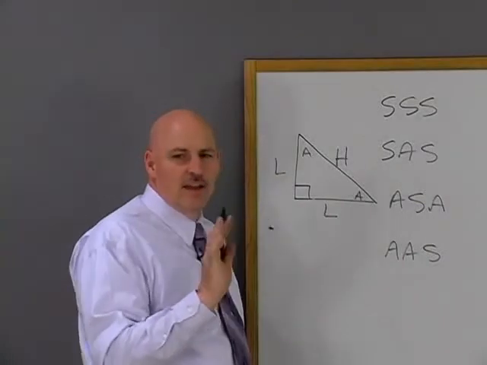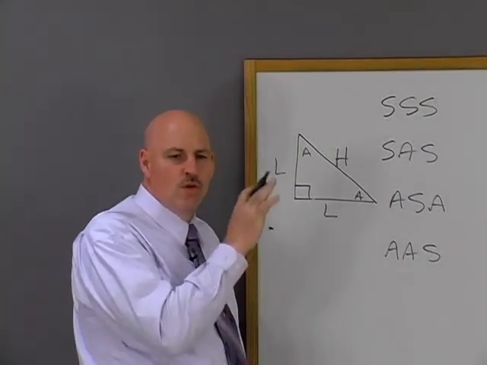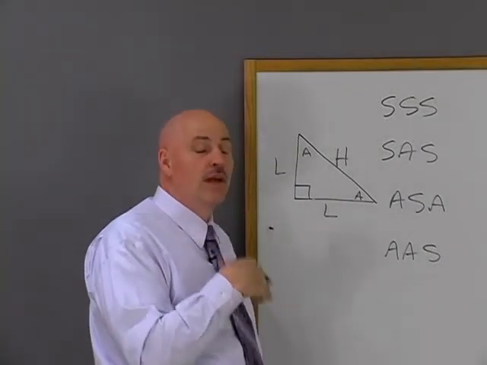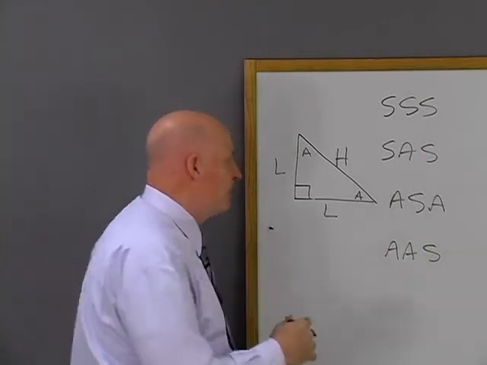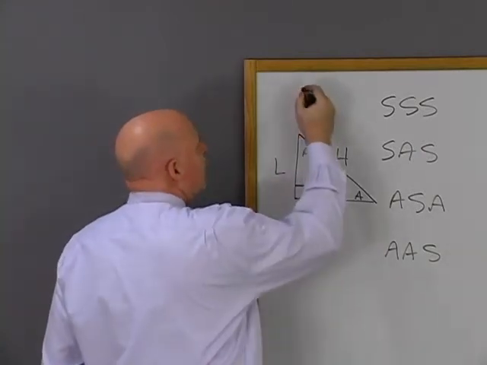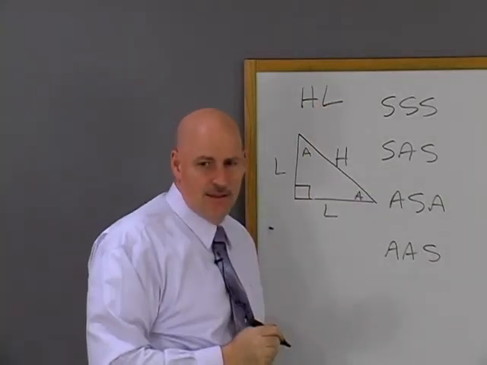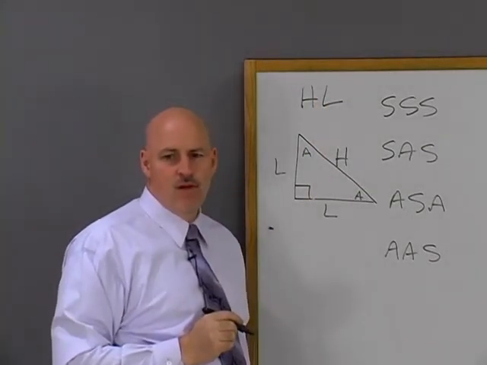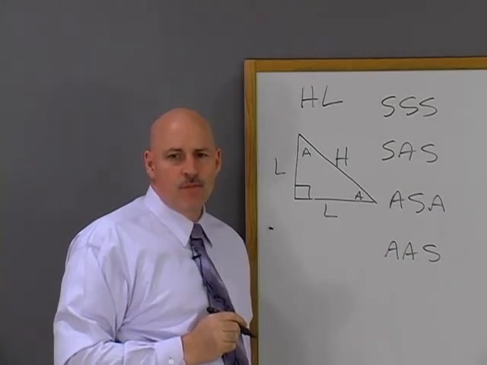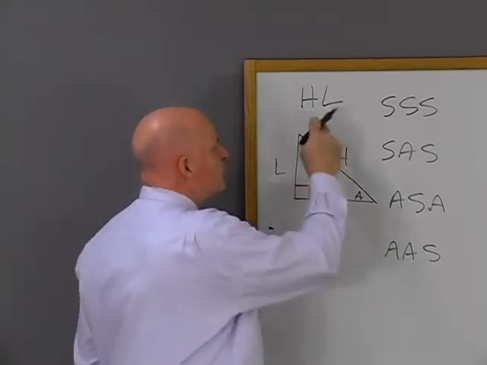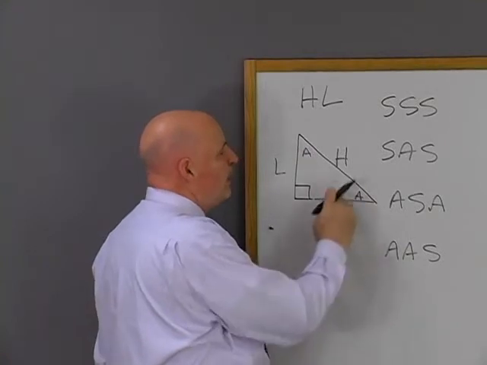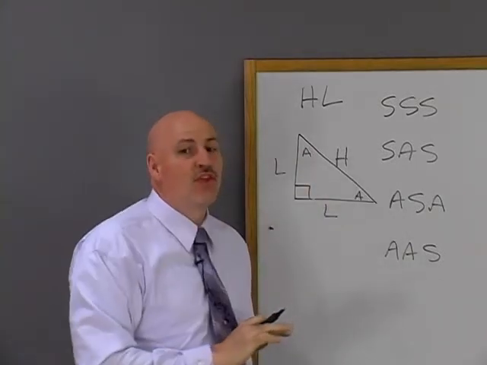So let's look at our new topic, what we would call proving right triangles congruent. If we had the hypotenuse and one leg, would that be enough? Well, if we had the hypotenuse and one leg, we could use the Pythagorean theorem and find the third leg.